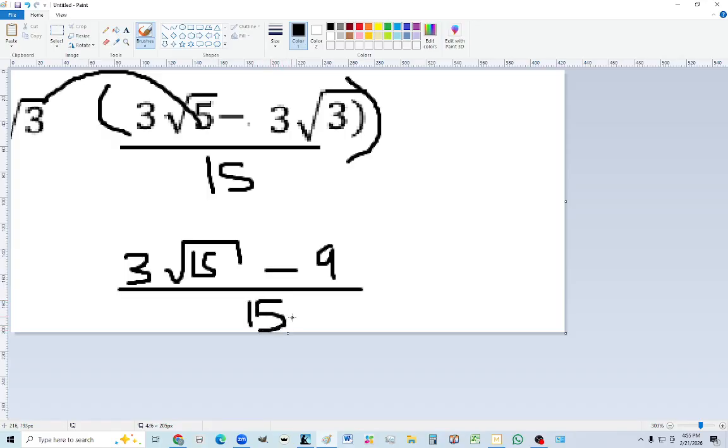There's really no way to simplify. Oh no, everything can be divided by 3. So now I could factor a 3 out of both these things. When I factor a 3 out, I have to put brackets, this 3 would disappear, and this 9 would become a 3. And now I can say, well, 3 goes into 15 5 times.